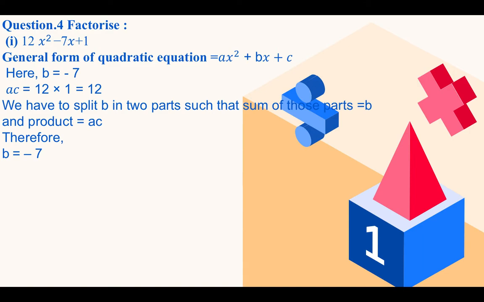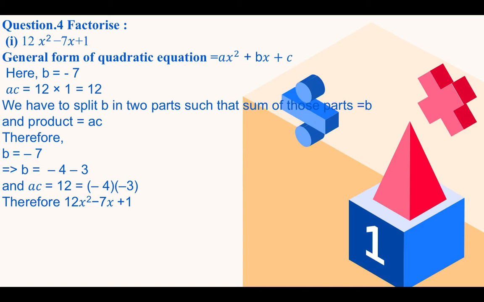When you add these two numbers, the result will be minus 7, and when you multiply these two numbers, the answer will be plus 12. So this satisfies the condition. The sum is equal to the middle term, which is b, and the product is equal to AC.